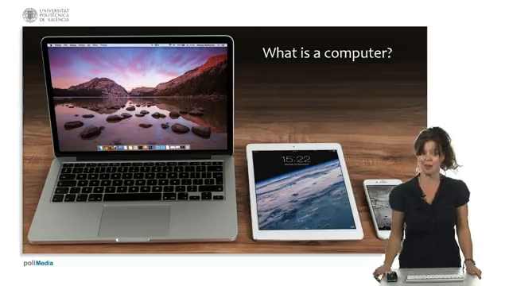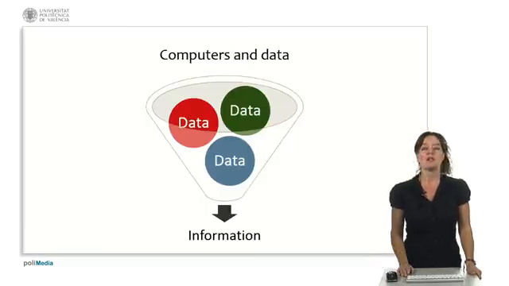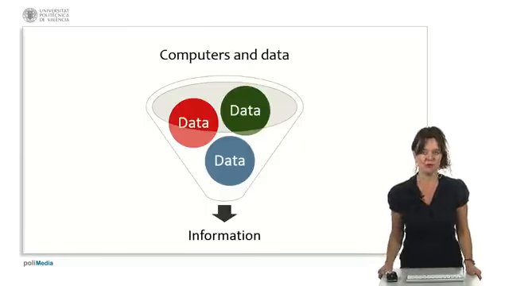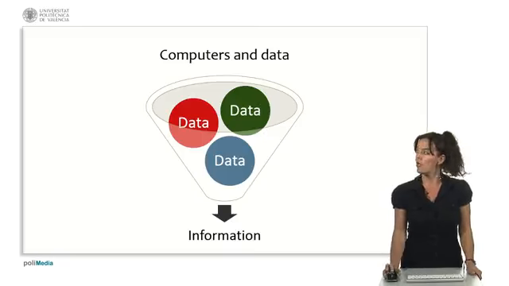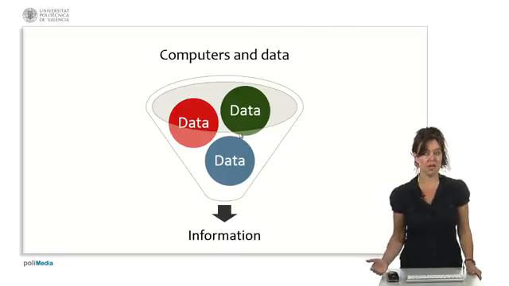computers were mechanical devices. If we look at what computers do, computers basically store and process data to generate useful information. Here we see data goes into the computer and information comes out.